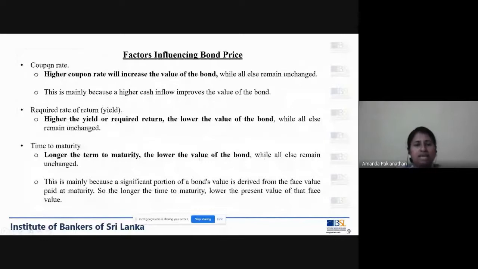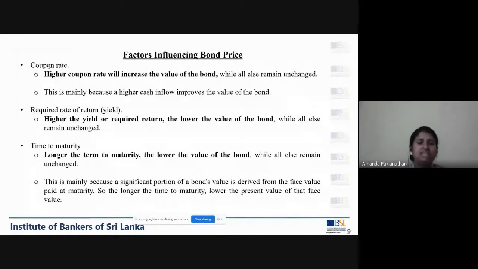Now, assume you have 2 bonds. One bond is giving me a coupon rate of 5%. Another bond is giving me a coupon rate of 10%. All other factors are same.